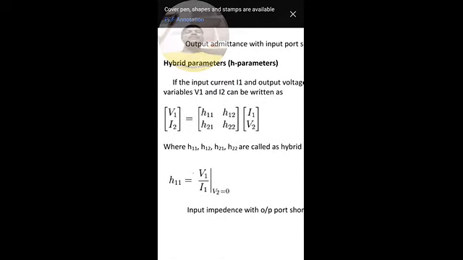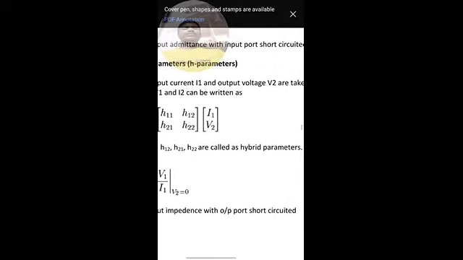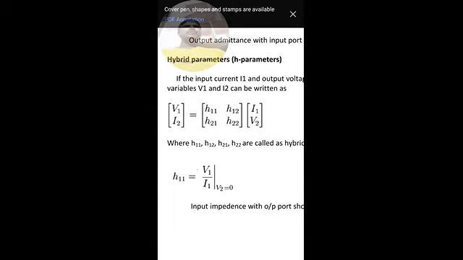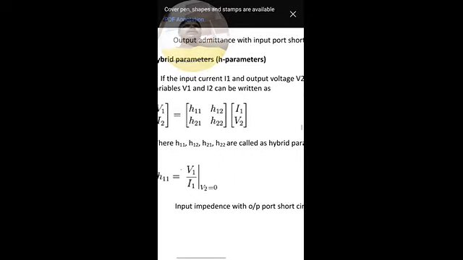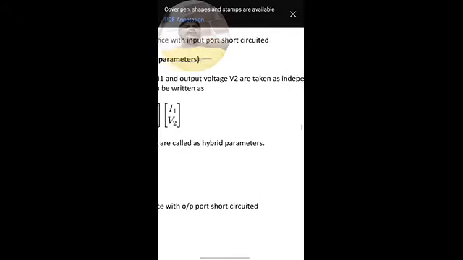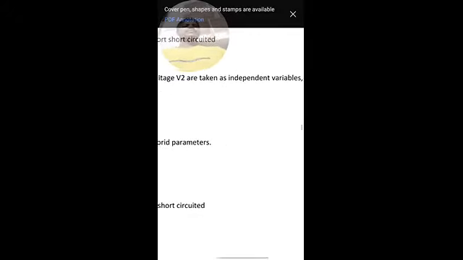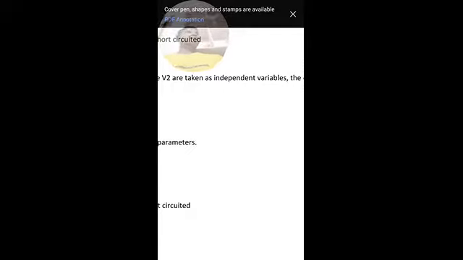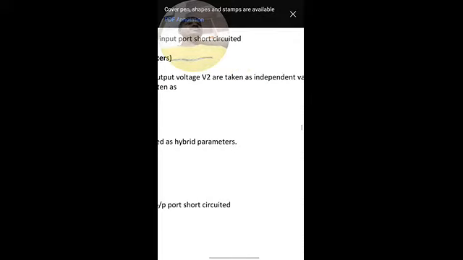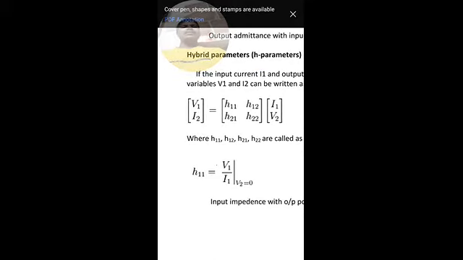In the hybrid parameters, the input current I1 and the output voltage V2 are taken as independent variables, and the input voltage and output current are considered dependent variables.